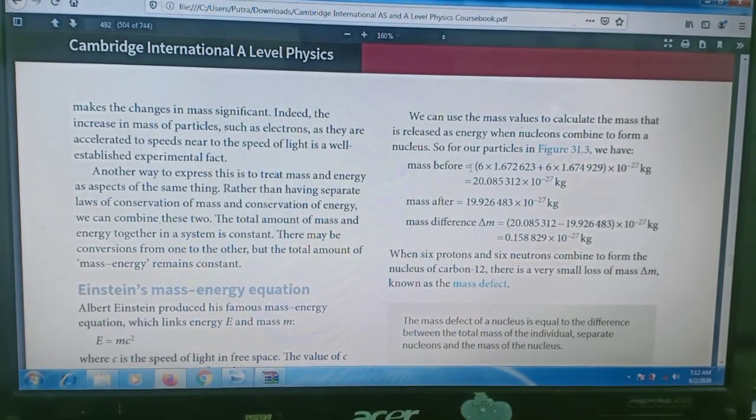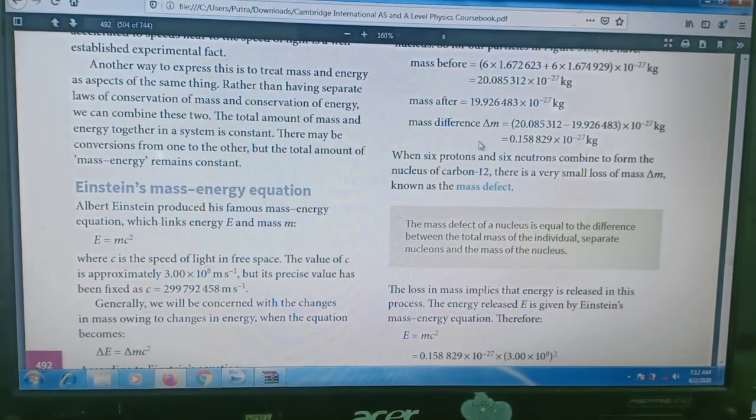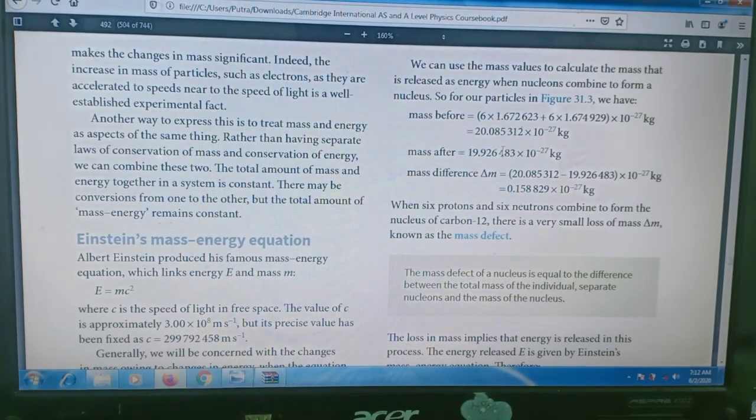The mass before, you just need to multiply and add, and then the mass after is usually given. Then we can calculate the mass difference before and after the nucleons are dismantled apart.